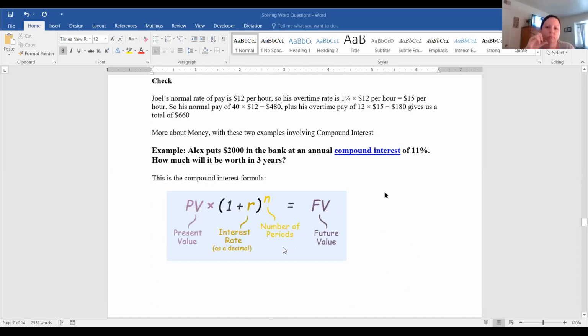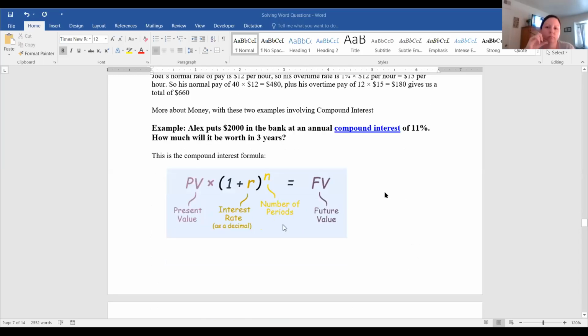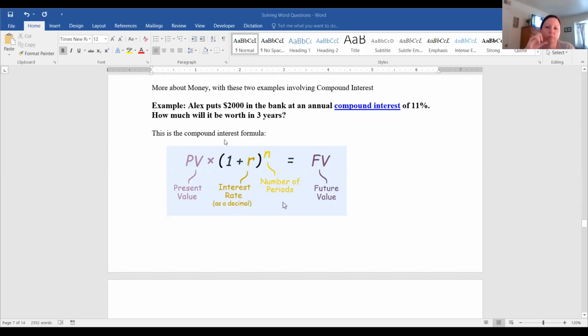Now, something that we had before was compound interest questions. The question here is: if we put $2,000 in the bank at an annual compound interest rate of 11%, how much will it be worth in 3 years?